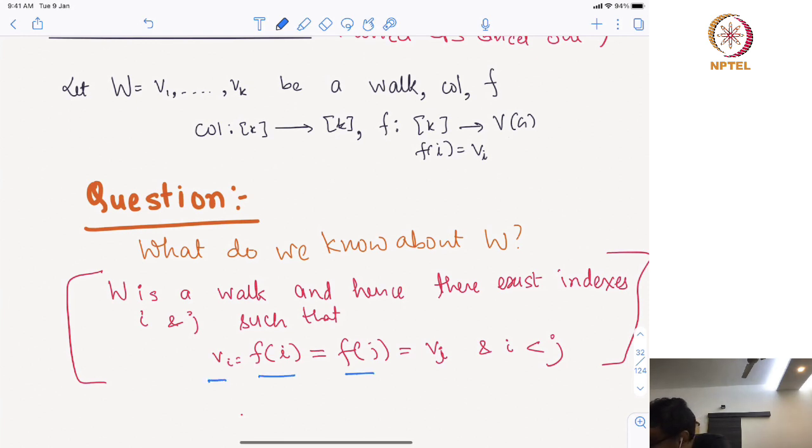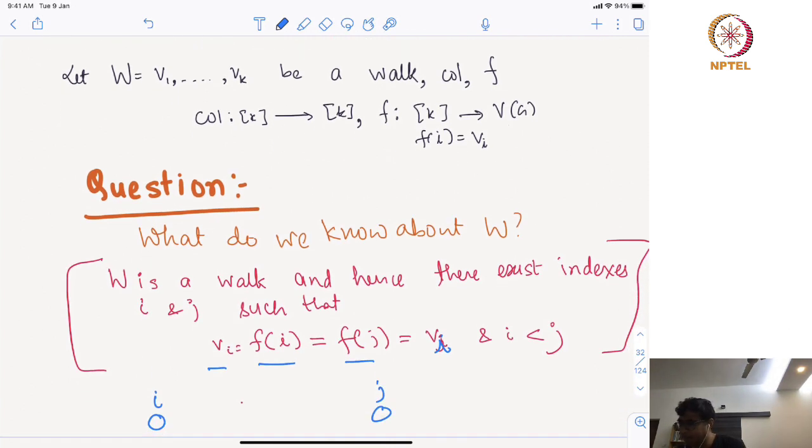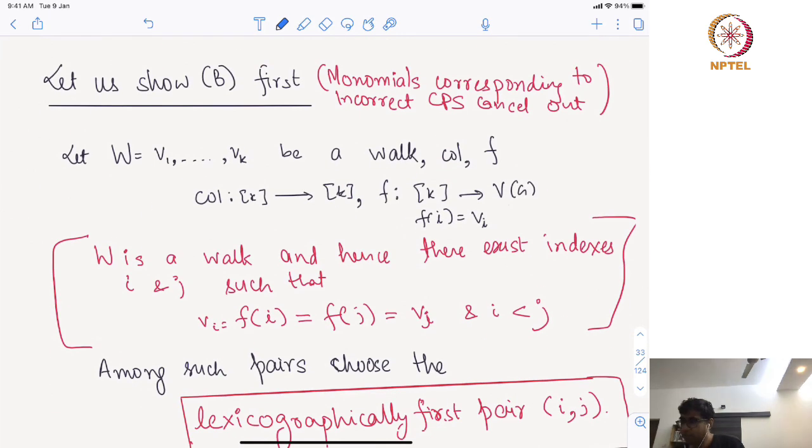Basically, I can find indices i and j such that the vertex assigned at f of i and the vertex assigned at f of j are the same. It is colorful, but it is an incorrect CPS; an incorrect colorful potential solution means a vertex is repeated. So, I can find an index pair i, j where the vertices are the same, and i is strictly less than j.